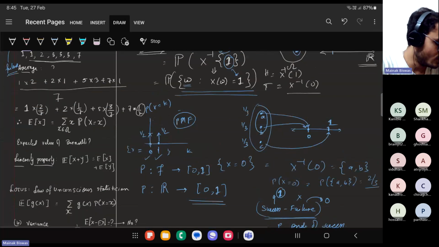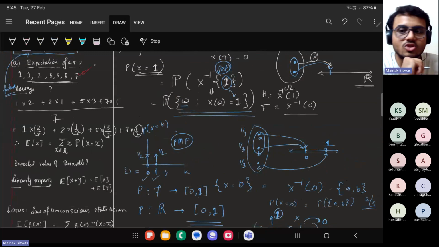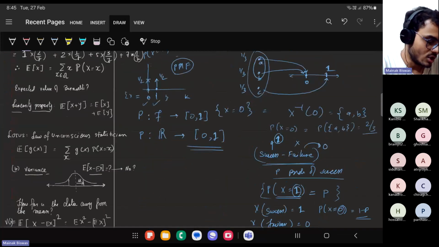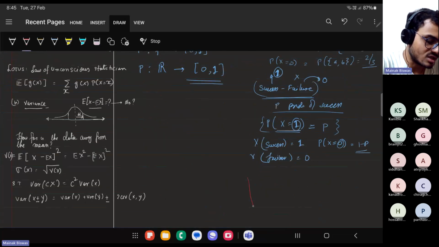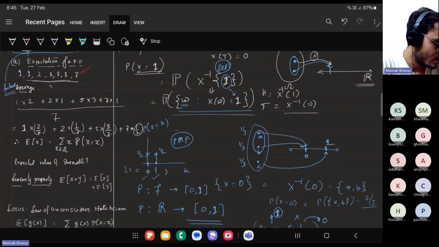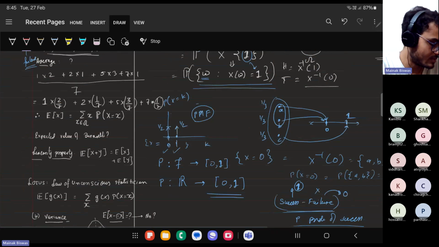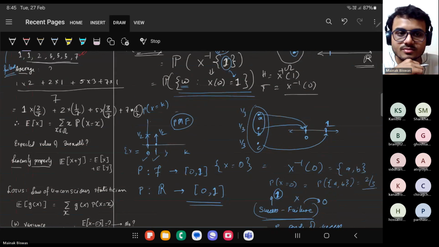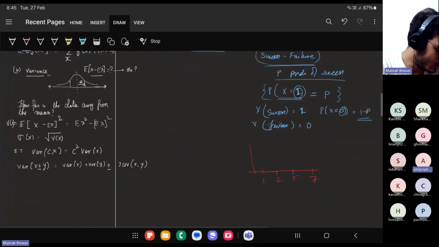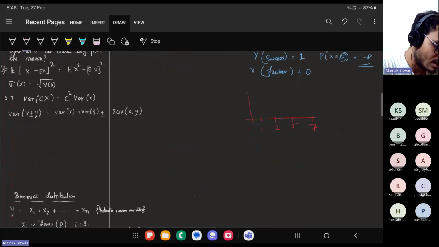If I assume this is the actual distribution of the data, you will be able to tell me what the mass function is. The outputs are 1, 2, 5, and 7. Now tell me, O3, what will be the mass function over here? For 1, it will be 2 by 7 probability. Very good. For 2, 1 by 7.